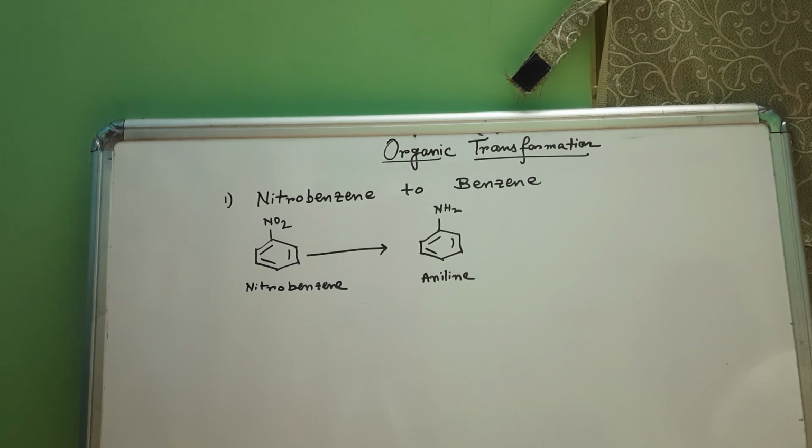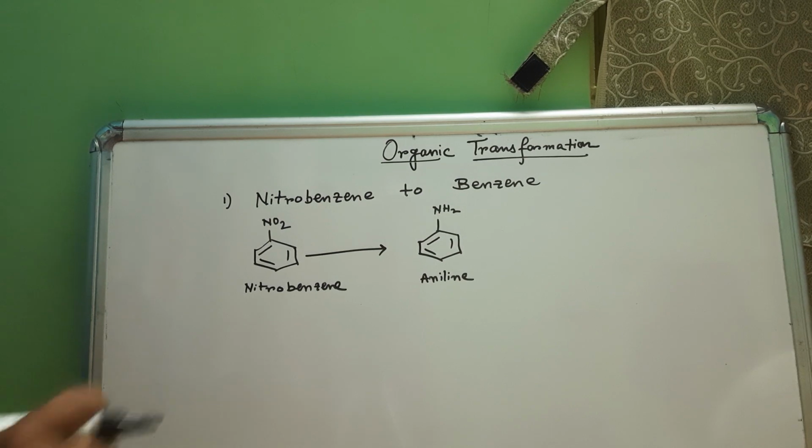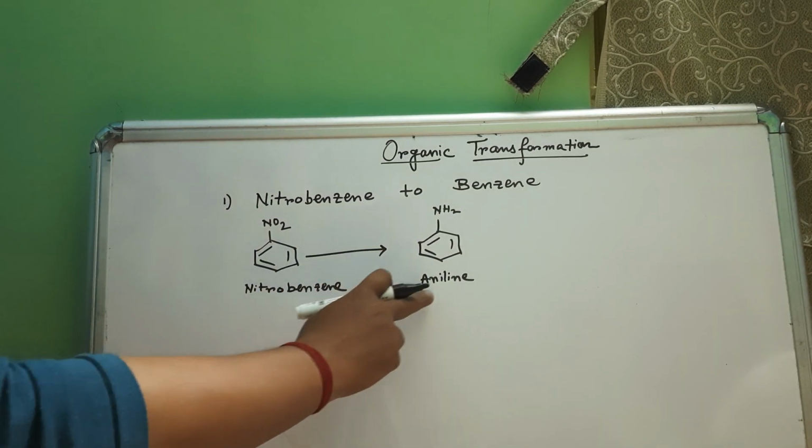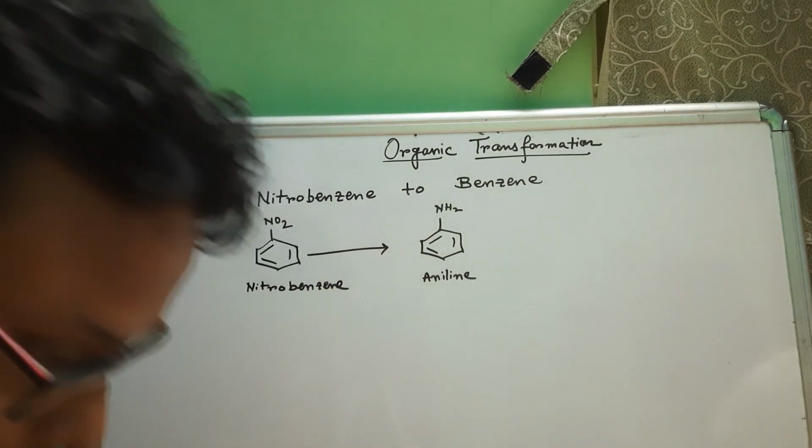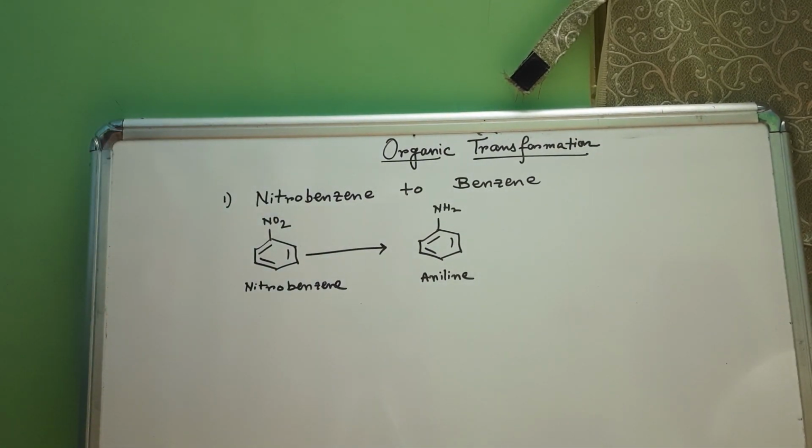Our motto is to diazotize, but nitrobenzene cannot be diazotized unless it is formed into aniline. So through aniline you can go through the diazotization reaction.